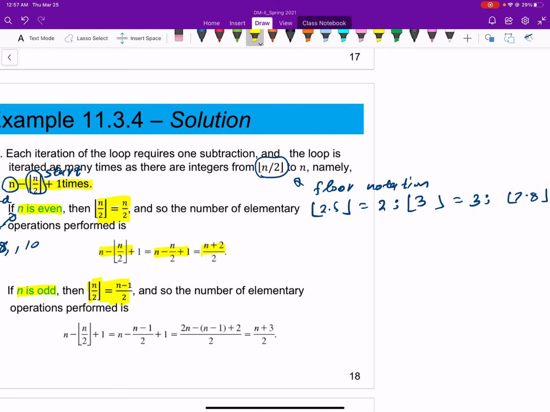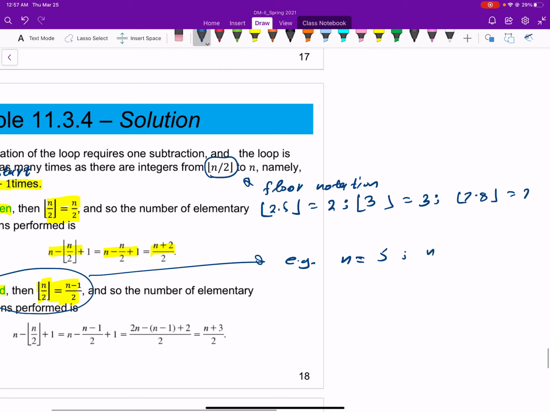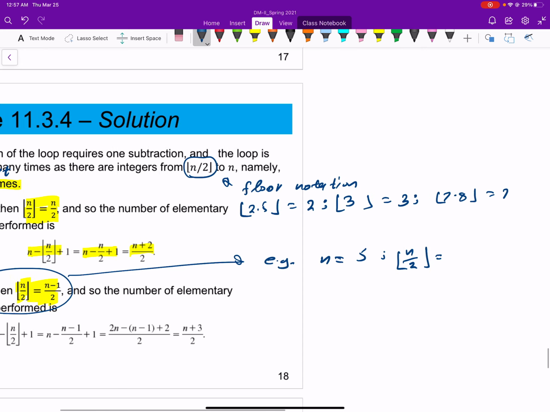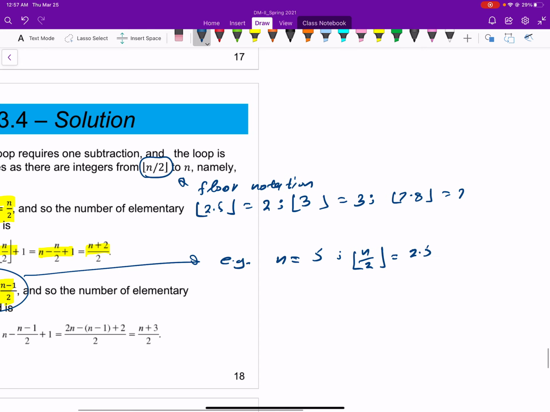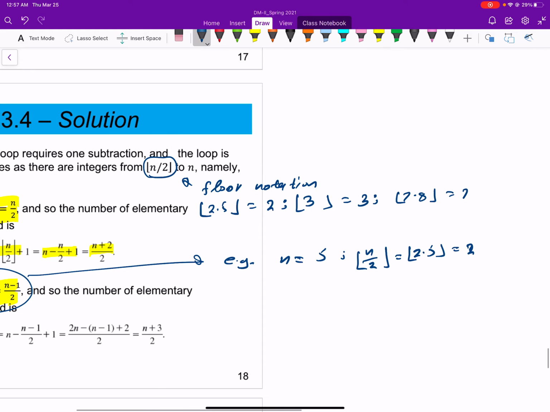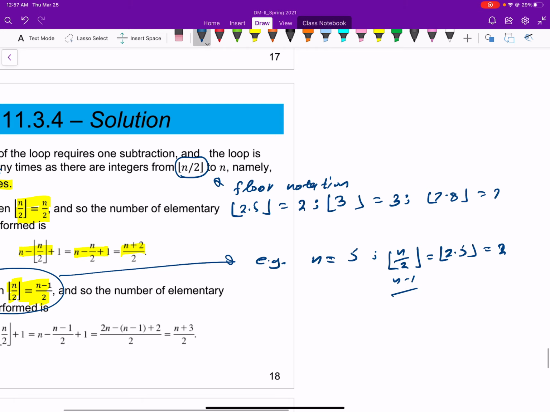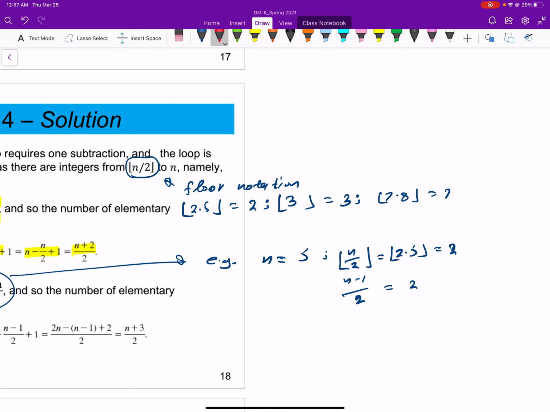As an example, let me write an example for that. n is an odd number, let's say n is 5. Then the floor of n over 2 equals the floor of 2.5, which equals 2, which is the same as n minus 1 over 2, which is 2. These two are equal, you can see.